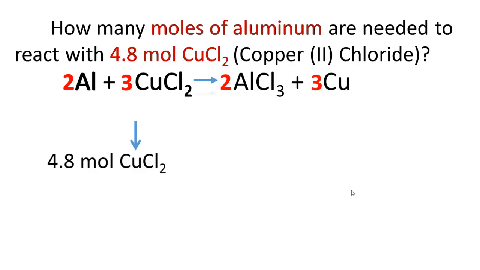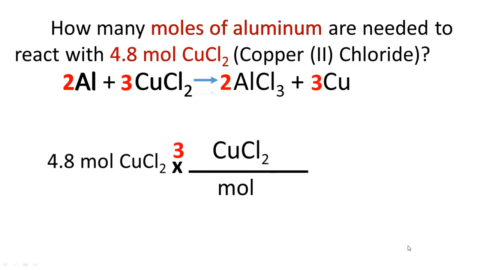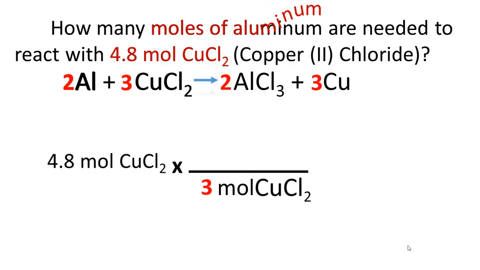Students who have difficulty with stoichiometry calculations often forget to include their labels. So we want to choose a mole-to-mole ratio that converts from the units that we have, moles of copper chloride, to the units that we want, in this case moles of aluminum. And you can see from our equation, for every 2 moles of aluminum, there are 3 moles of copper 2 chloride.